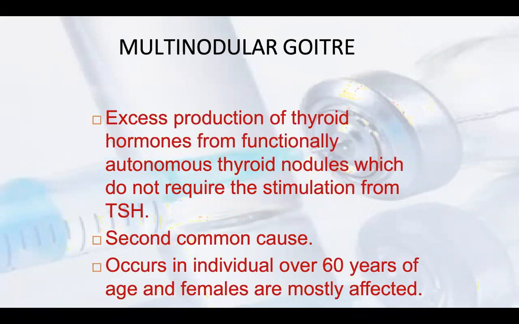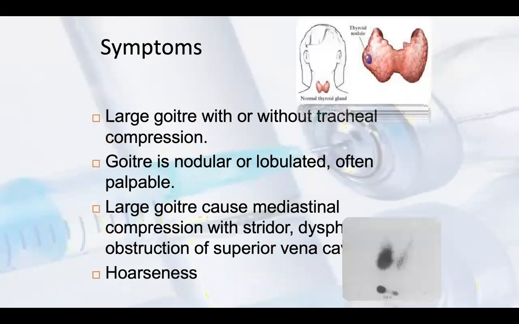For multinodular goiters, it is due to excess production of thyroid hormone from functioning autonomous thyroid nodules, which do not require stimulation from TSH. It is the second most common cause and occurs in individuals over 60 years of age, and females are mostly affected. The symptoms: large goiter with or without tracheal compression.